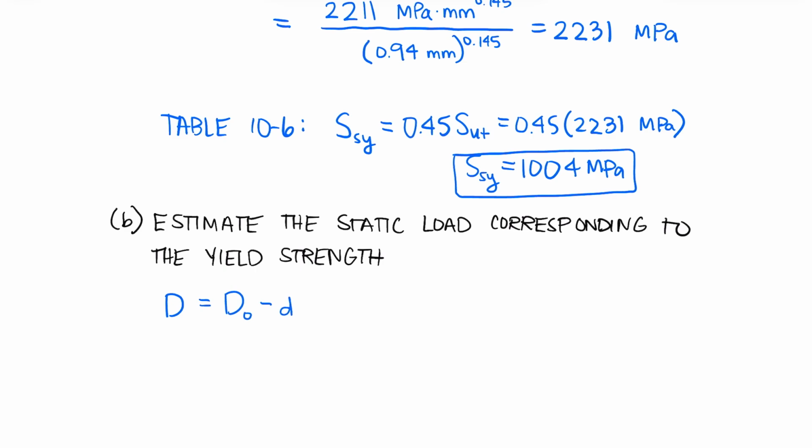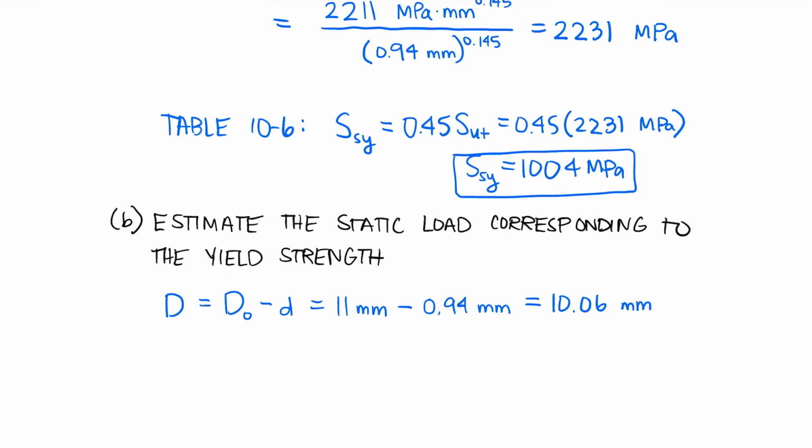We talked about this in the first video when we were just introducing, or maybe the second video when we were talking about the specifics of helical compression springs. So this is going to be 11 millimeters minus 0.94 millimeters. 11 minus 0.94 is 10.06 millimeters.